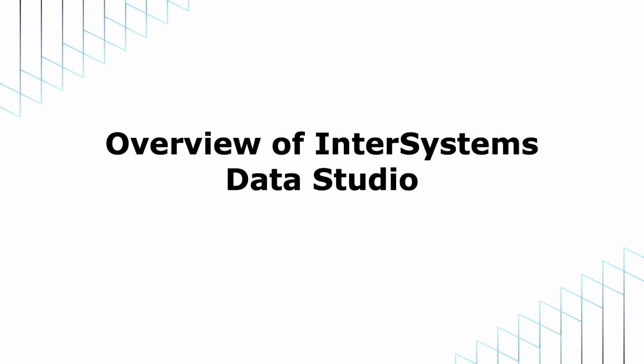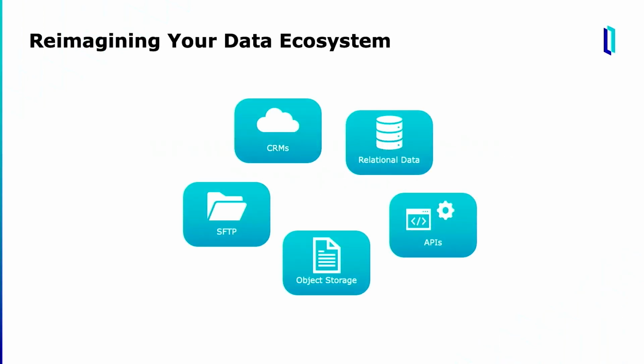So first things first, I'm going to do a quick overview of our core product, InterSystems Data Studio at Financial Services. In financial services and in other industries and verticals as well, it's a very common problem to have your data spread out in all of these disparate, different sources across your data ecosystem.